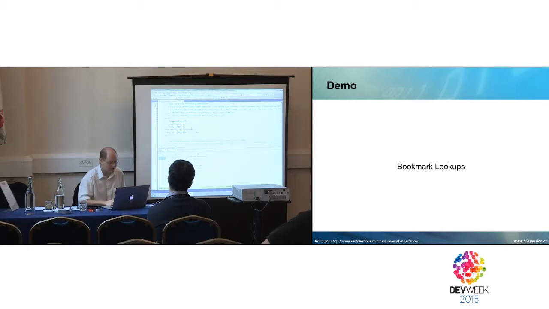I have here another query which performs a bookmark lookup on a clustered table. As you can see, we request a range of email addresses from the table Person.EmailAddress. That seek operation returns 19 qualifying rows. In addition, we want to request the column ModifiedDate.